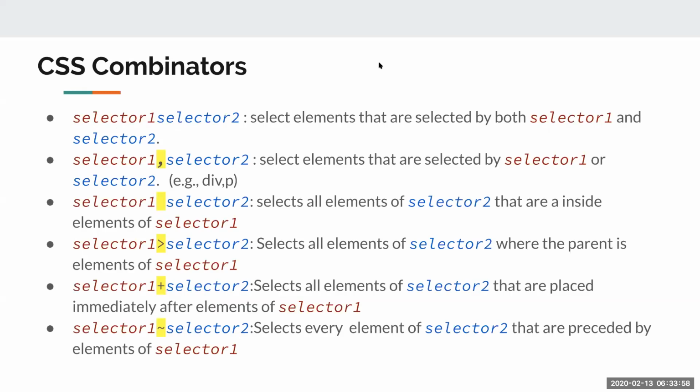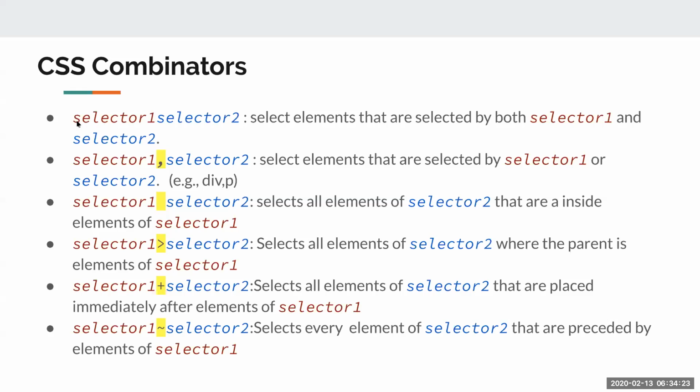Now we're going to talk about how to combine two different selectors. Here you can imagine this selector 1 could be any of the selectors that we looked at so far. For example, it could be a tag selector, a class selector, or an ID selector.